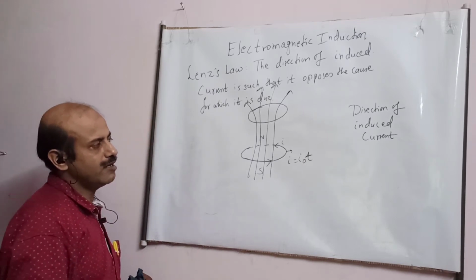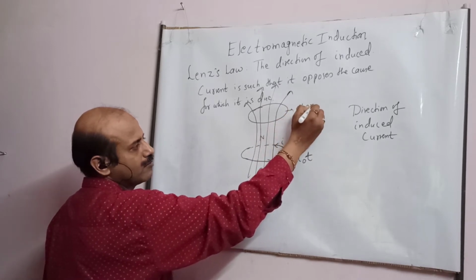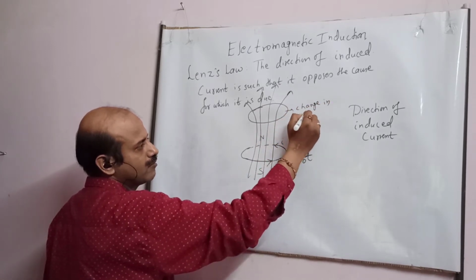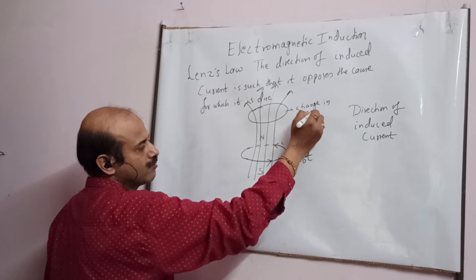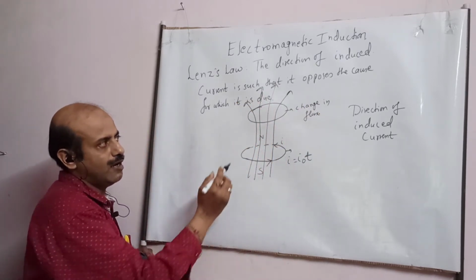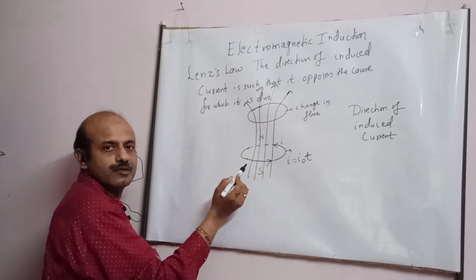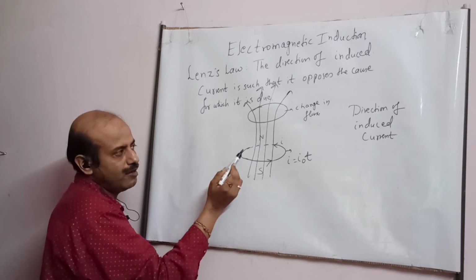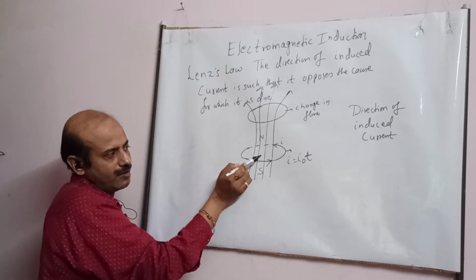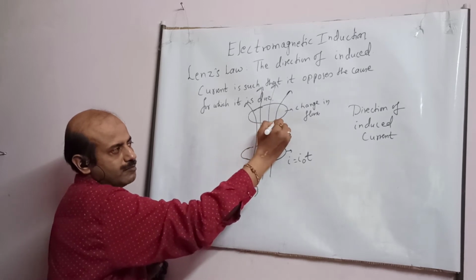So now, students, see, there is a change in flux in this loop. The direction of induced current will be such that it has to oppose this change. How will it oppose, student? Here is the north pole of this current carrying loop. Here also a north pole must come.